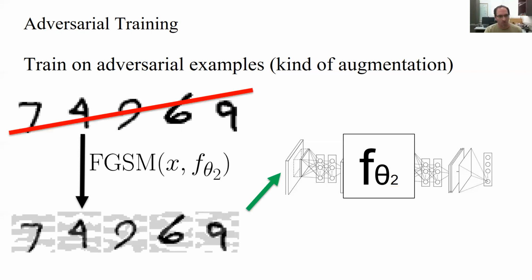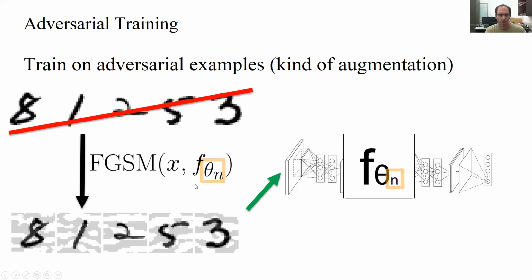And I want you to see that at each step, I'm using the current state of the network. So it's not that I'm generating adversarial examples at the beginning of my training and then using them. At each training step, I'm generating new adversarial examples, then using them to train my classifier. And you do this from the beginning of the training, right? That's correct. Yes, that's correct.